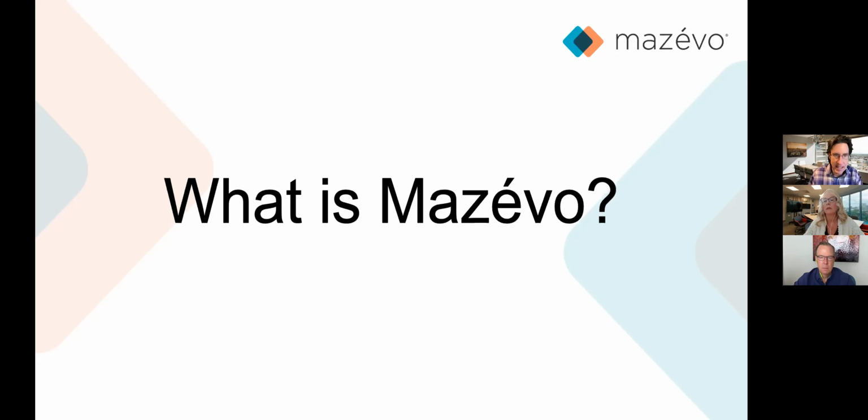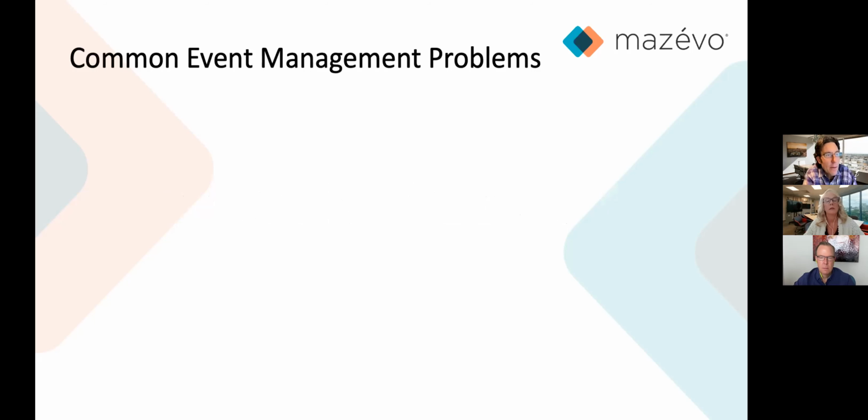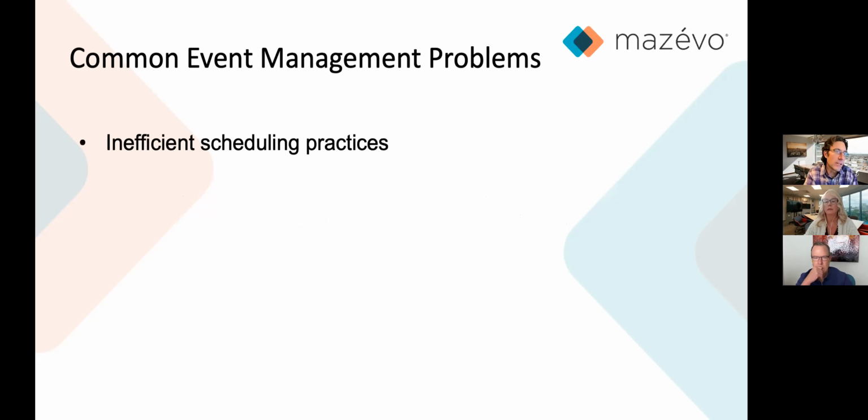The main thing we're here to talk about today are the common event management problems that people usually come to us to solve. The first one that we hear the most is inefficient scheduling practices. That typically is because there's no single source of event information in the department, or in the whole campus.